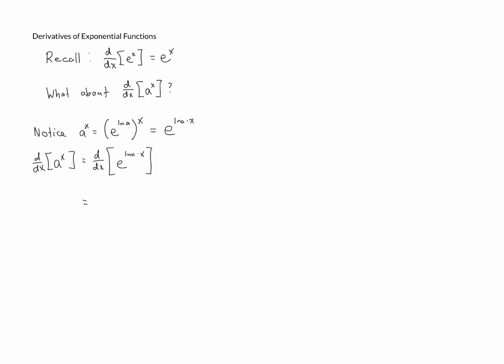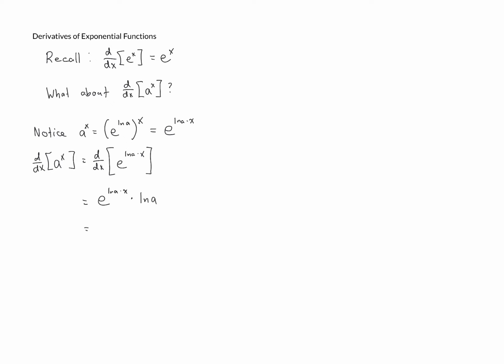The outer function here is e to the u, and the derivative of e to the u is e to the u. So we've got e to the ln of a times x. And we've got to multiply that by the derivative of the inner function. Now, ln of a is just a constant, and the derivative of a constant times x is just that constant. So this is going to be times ln of a.